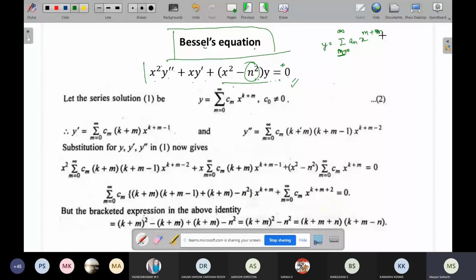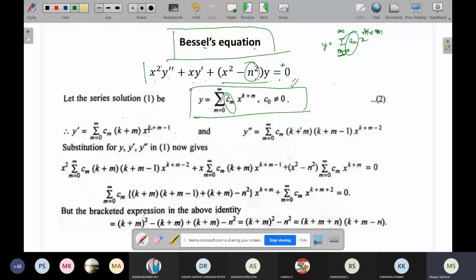In place of n we'll take m, and in place of m we'll take k. So this will be your assumption. I have snipped this from one book, so in place of a's they have taken c. Notations should not affect your concepts.